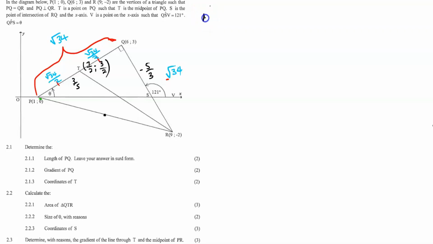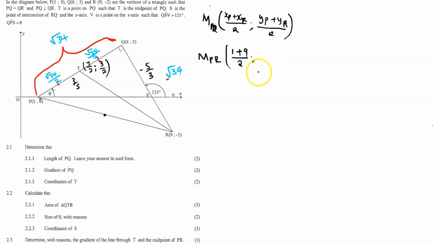So the midpoint, let's just say it's M of PR, is equal to the x of P plus the x of R over 2, and y of P plus y of R, all that over 2, and then it gives us the midpoint of PR as the x of P is 1 plus 9/2, and the y is 0 plus -2, all that over 2.